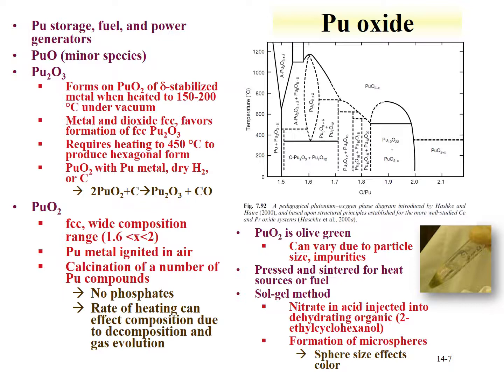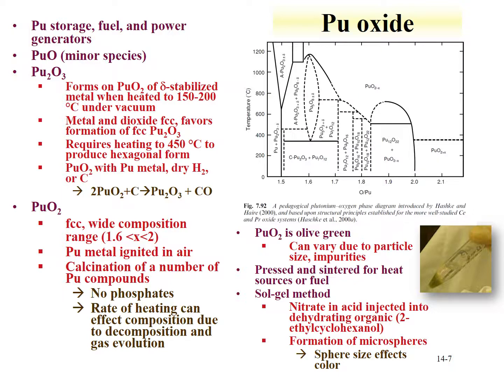The dioxide has a wide composition range, and it's face-centered cubic. You can produce this from oxidation of plutonium metal. For instance, if plutonium metal is ignited in air, you will get PuO2, or by calcination of a number of plutonium compounds.